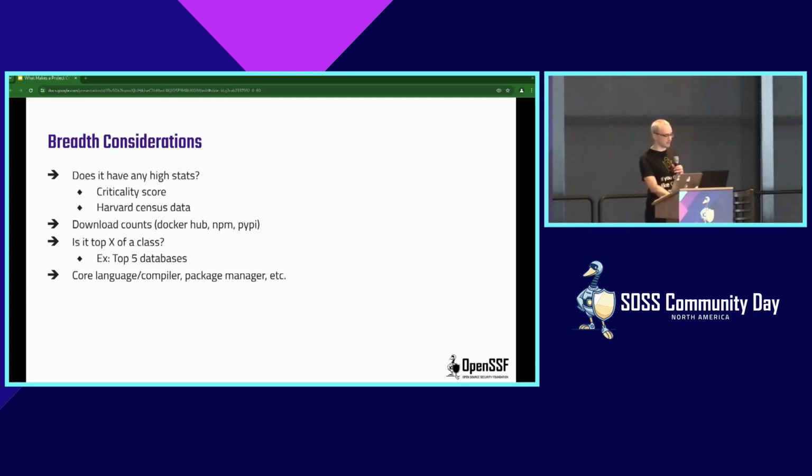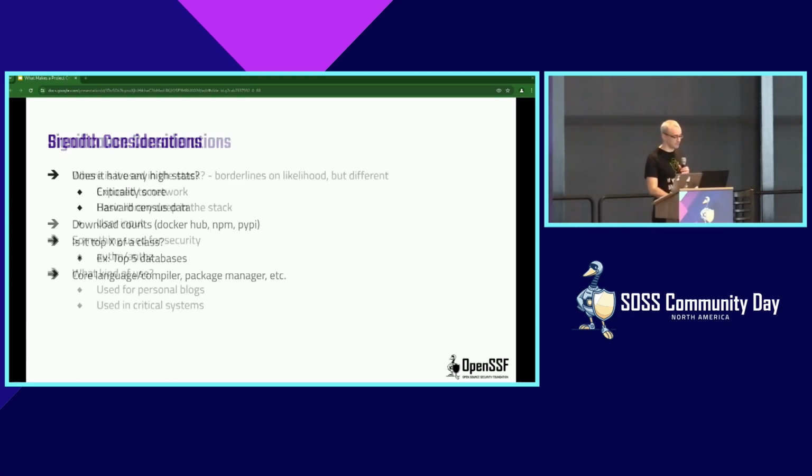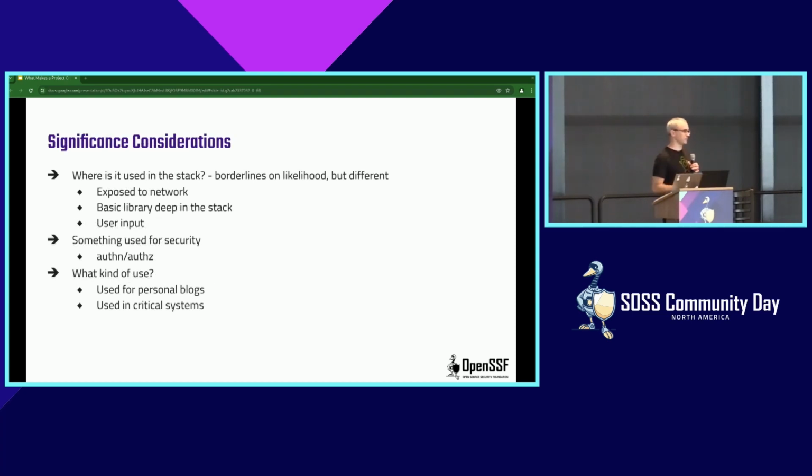But this isn't the only thing, because you can look at the top NPM packages and say, hey, these have a bajillion downloads and they're used in every web page, but maybe they don't do something very significant in the actual program or project that it's included in. So we had to look at significance and combine that with the breadth.